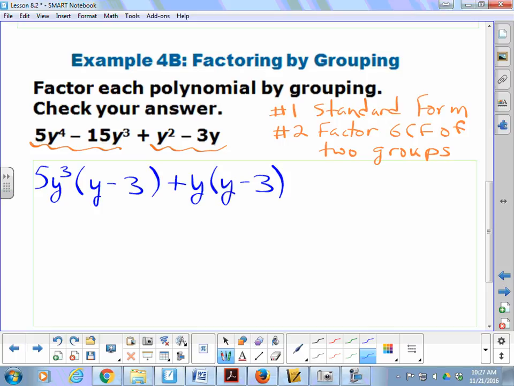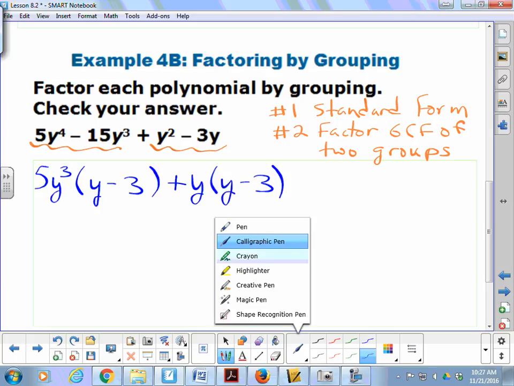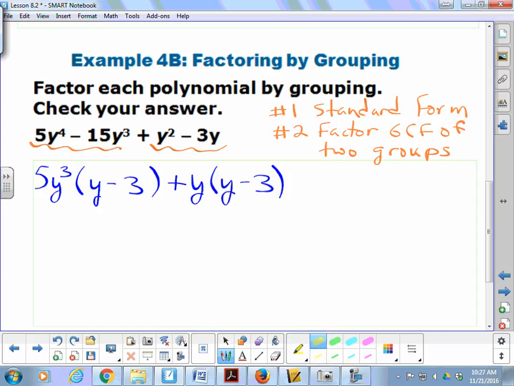So now they both have y minus 3. So that's now my greatest common factor.